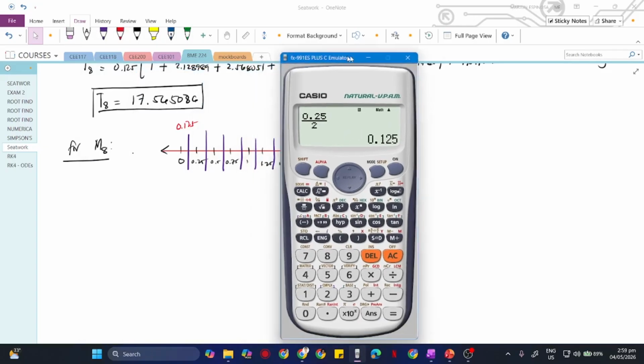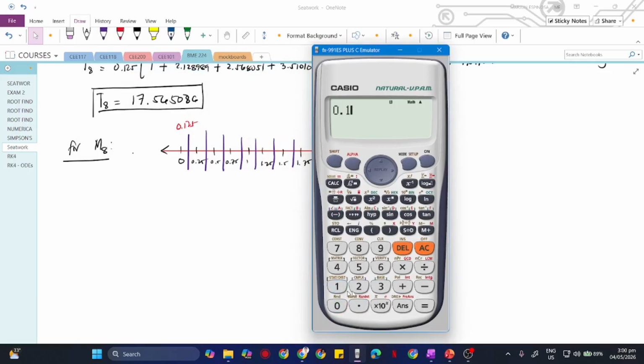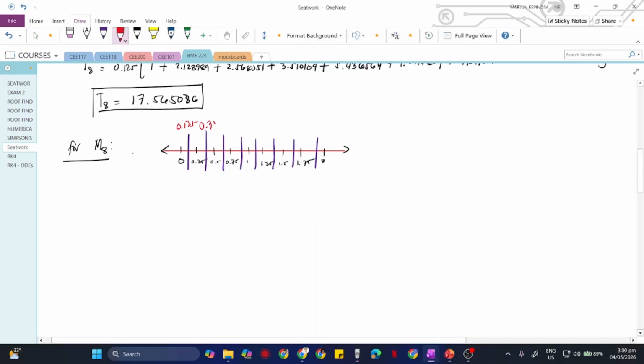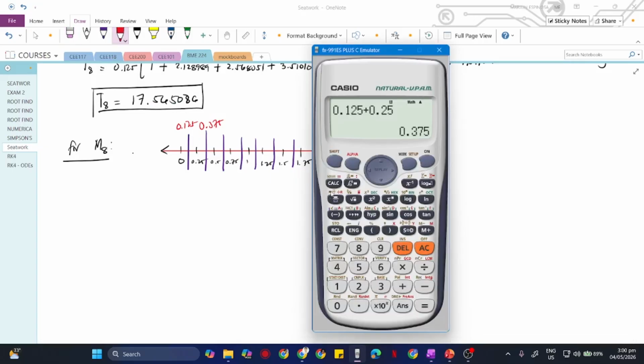Okay, 0.125 plus 0.25 is 0.375. If we add 0.25 and 0.5 and divide by 2, you would get 0.375.